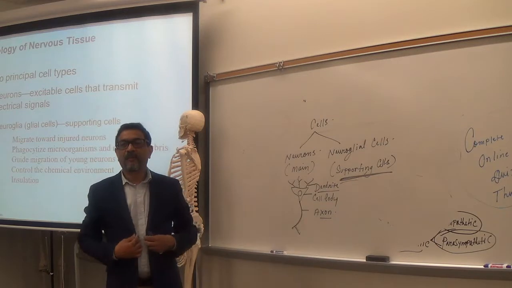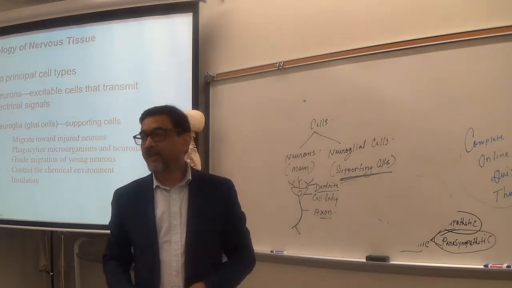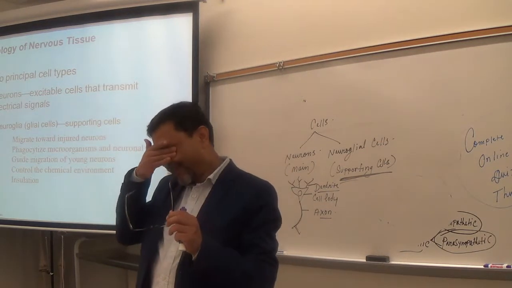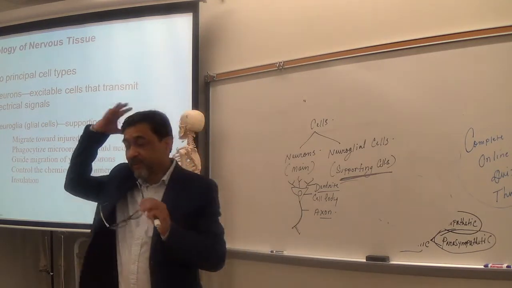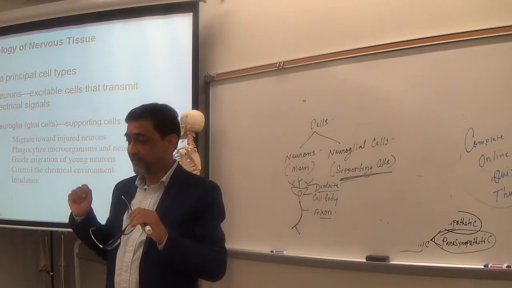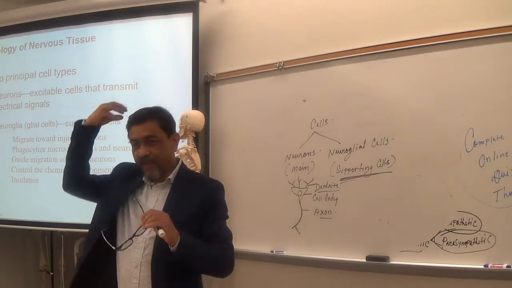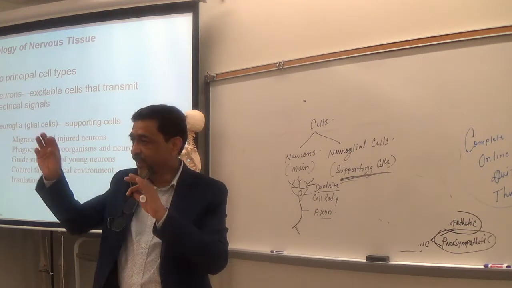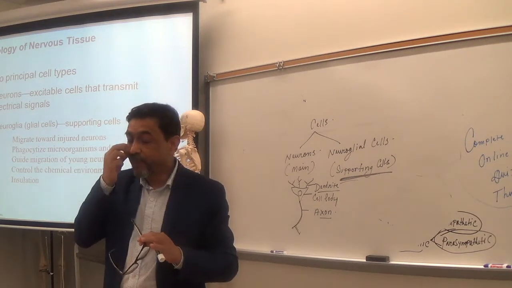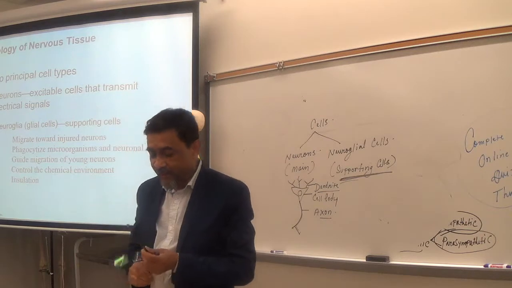Some neuroglial cells guide the migration of young neurons. This is interesting. When your brain is formed, just think about a fetus. Fetal brain is the developing brain, right? Different structures are formed in the brain. So what happens?